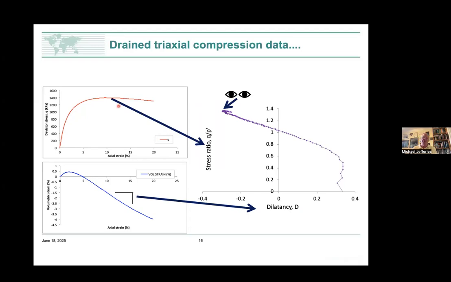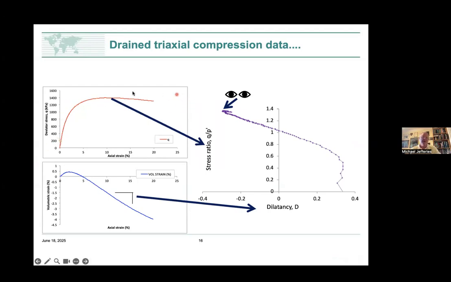Actually, we've talked about how we do the critical state. And that's basically looking at each test in turn and identifying what the critical state is and then plotting it up. For picking up the stress dilatancy behavior and the relationship between dilatancy and strength, we have to take the measurements and transform them.